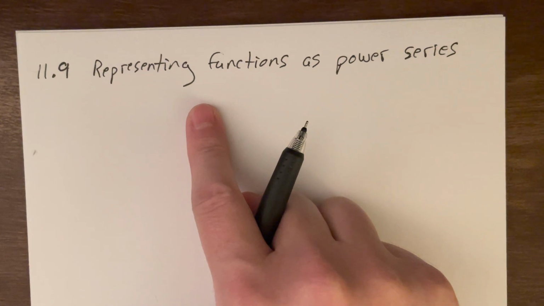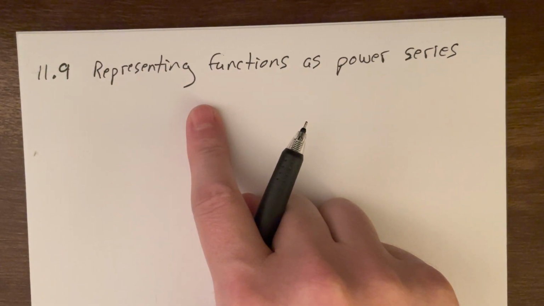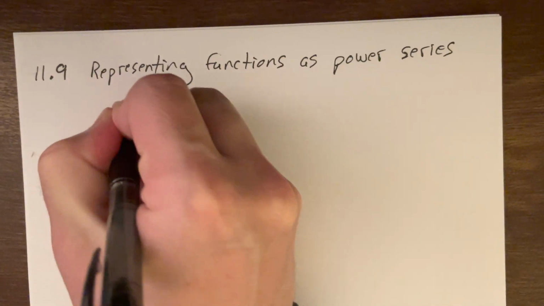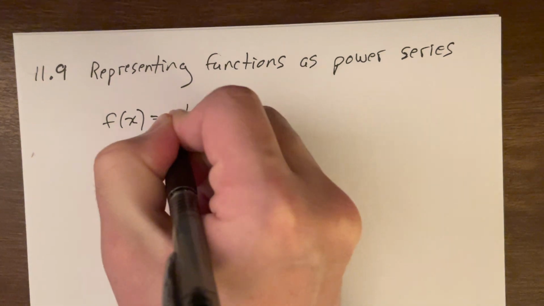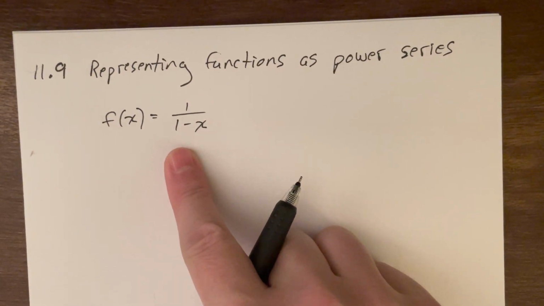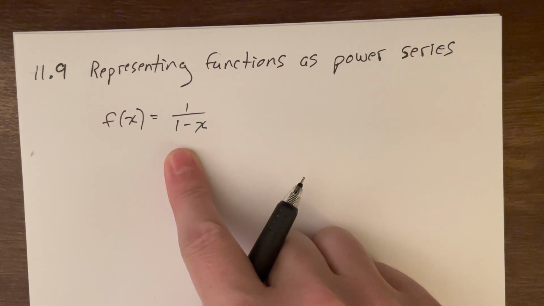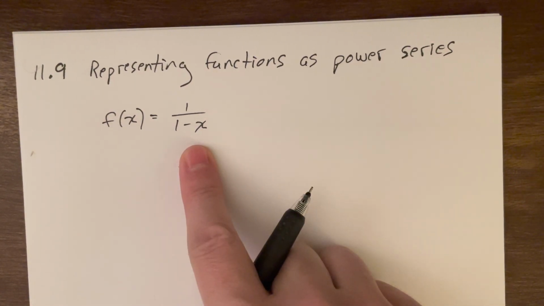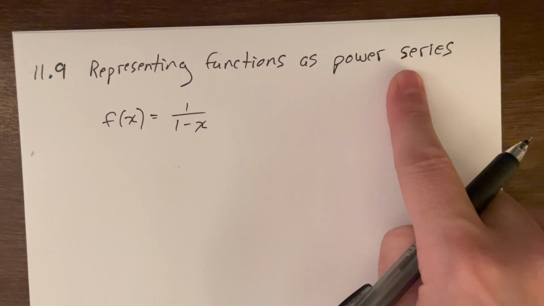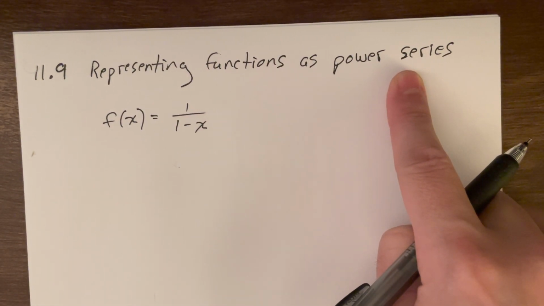How can we have a regular function but write it as a power series? And we start with a very simple example. If I have the function f of x is 1 over 1 minus x. This is a regular function as an equation that we're very much accustomed to, but this can be easily conformed into a power series.